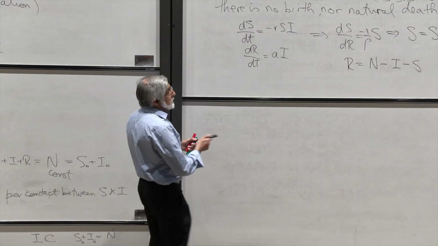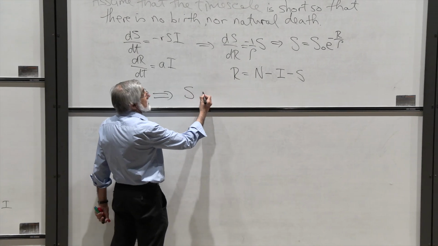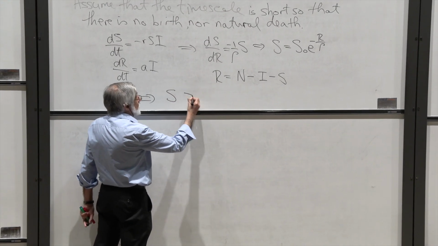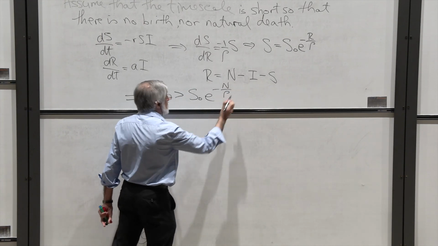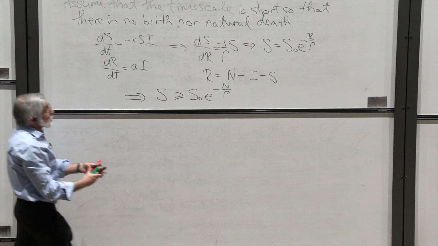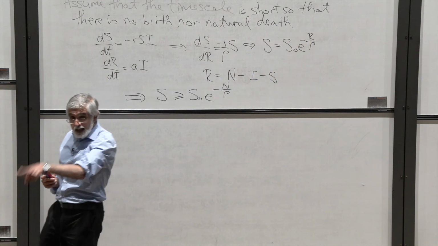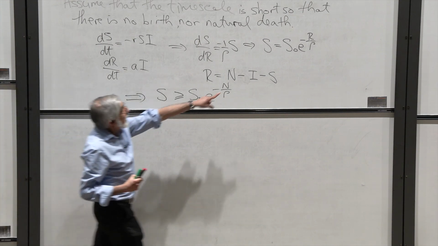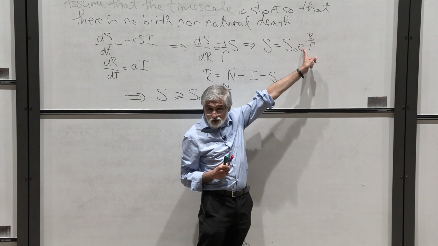Okay, so what that means is that S is greater than S naught e to the minus N over rho, because R, the maximum R can be is N, and therefore the minimum this can be is e to the minus N over rho.